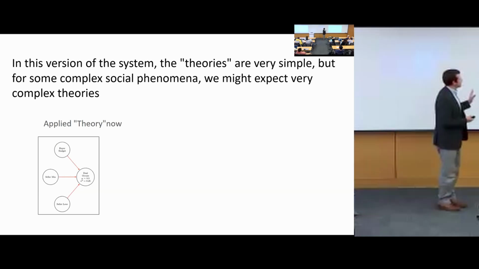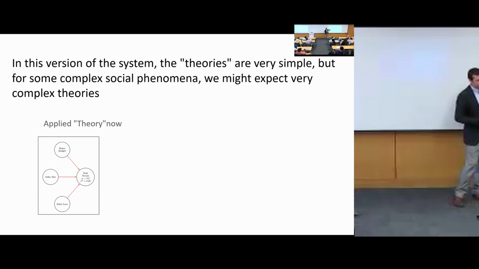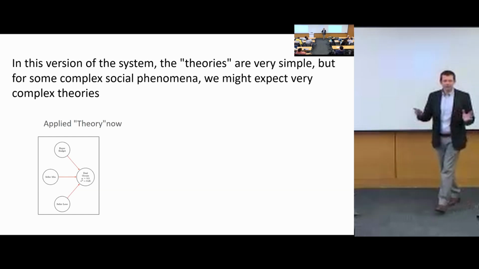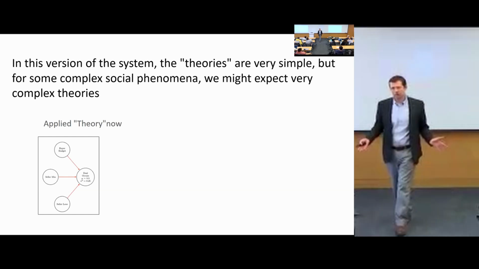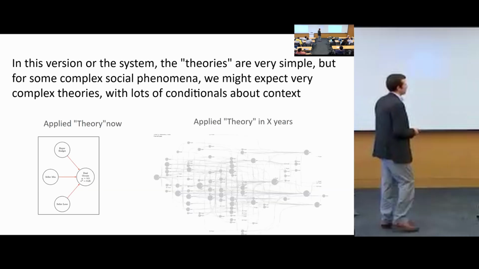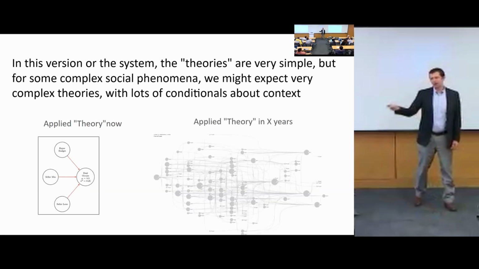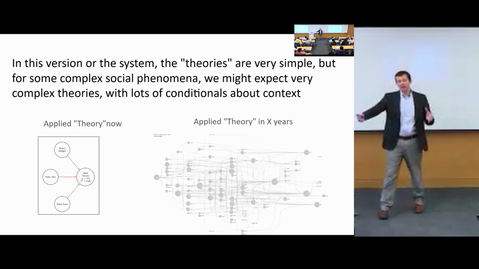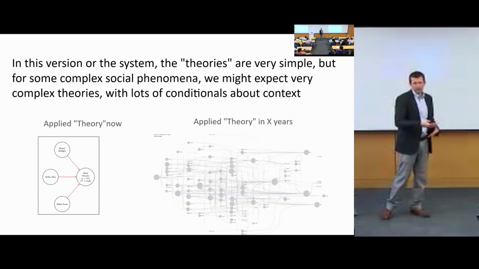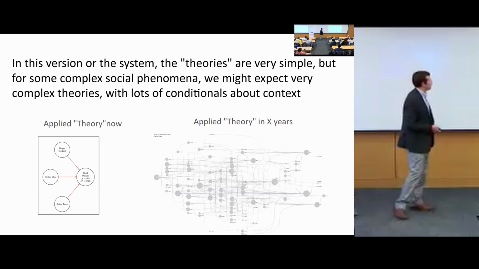Well, in this system, the theories were super simple, right? We built by design, we didn't have unlimited budgets. But you can imagine, back to Ryan, like you said, what did you do to constrain it? We only allowed this many causes, there were no intermediate causes, et cetera.